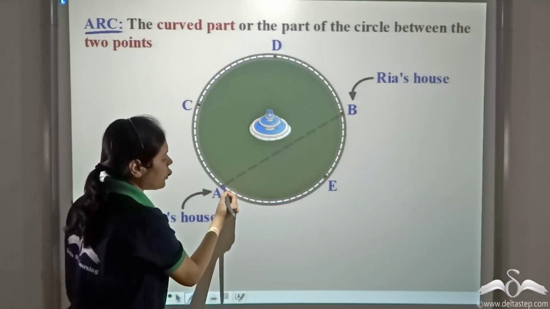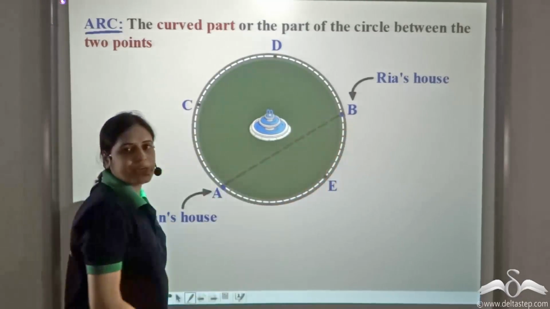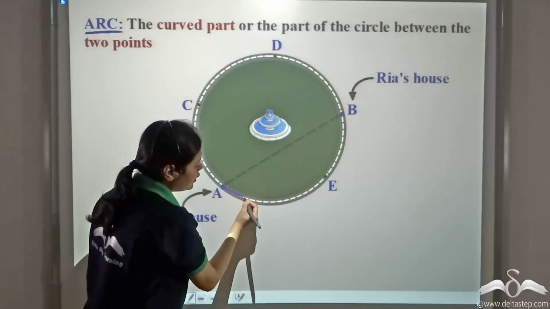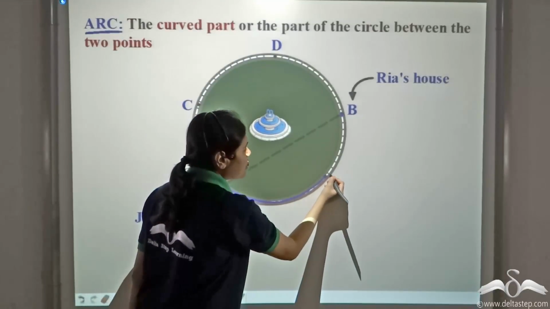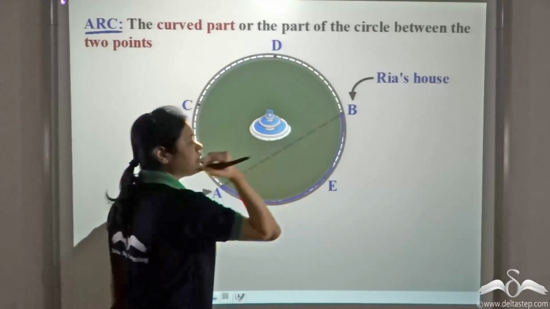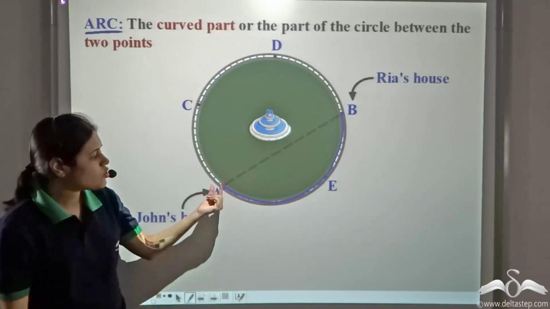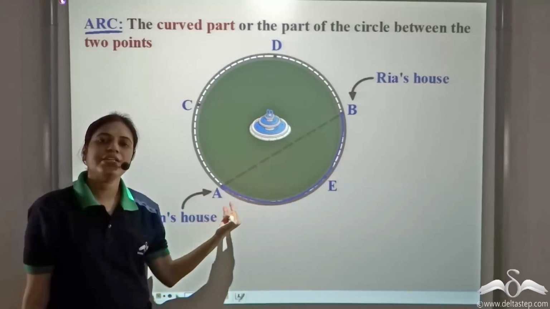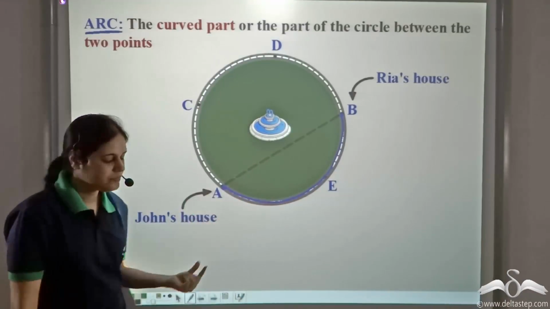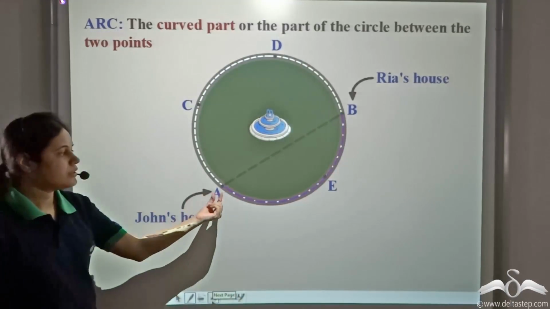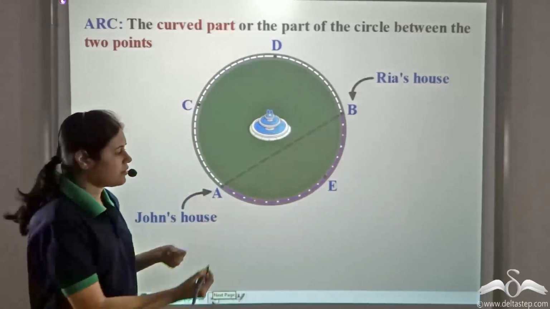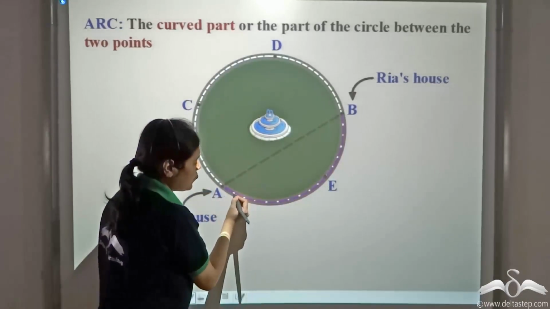So if we consider point A and point B, the part of the circle which is the curved part between these 2 points is called an arc of the circle. So AB, it is an arc of the circle.